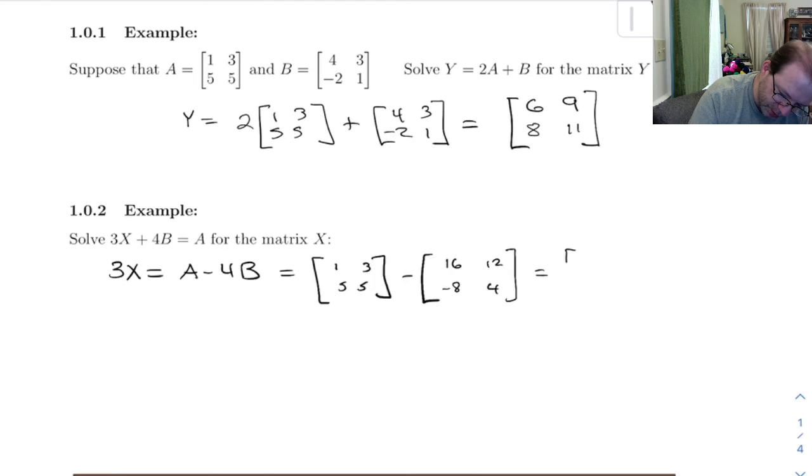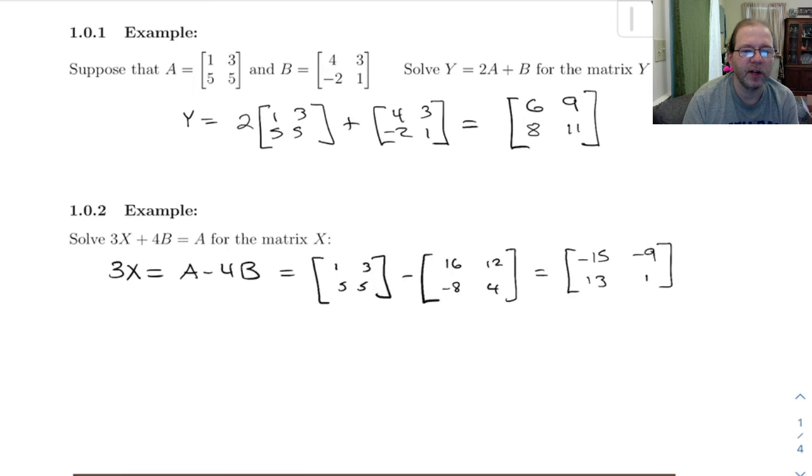And if we do the subtraction, 1 minus 16 is negative 15, 3 minus 12 is negative 9, 5 minus negative 8 is 13, and 5 minus 4 is 1. And that's equal to 3X. So we've got to divide all the elements by 3. Now, we could do one of two things. We could either just say X is 1/3 of this.